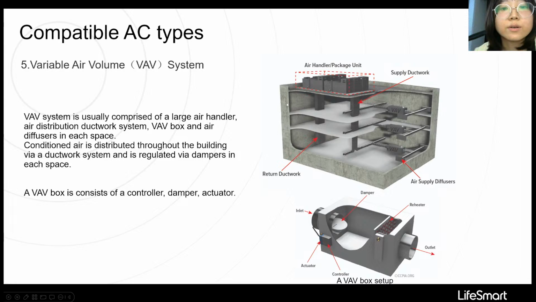conditions. So the VAV system, we can find it usually works with a large air handler system. Please follow my mouse. It can be a DX cooling system or a packaged rooftop system.